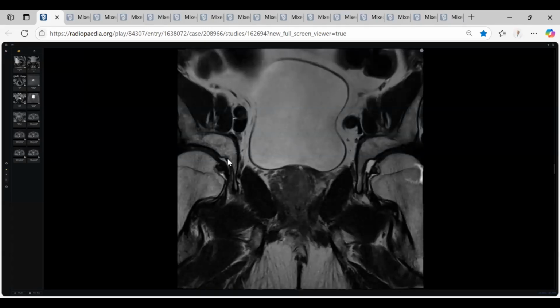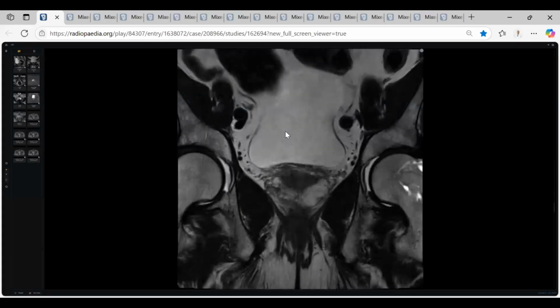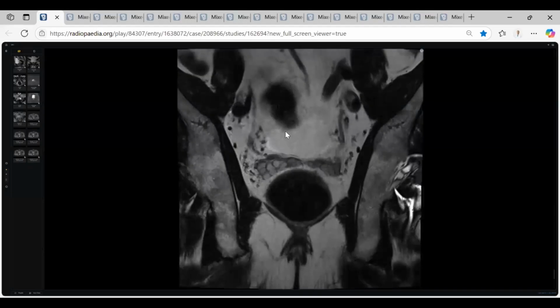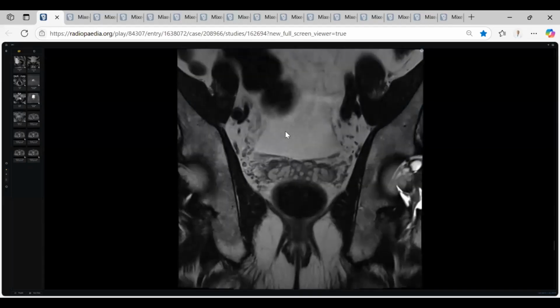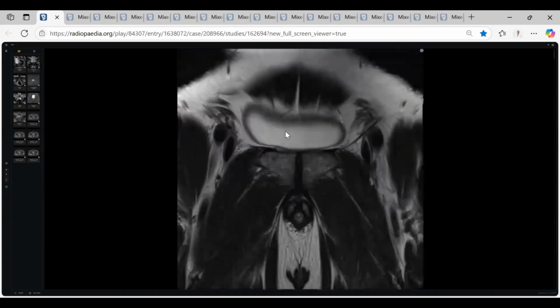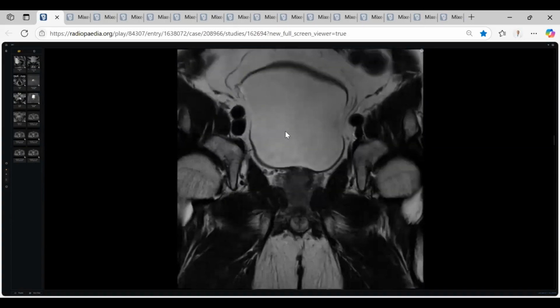Good afternoon. This patient has pelvic pain. He is a 65-year-old male patient with hip pain, pelvic pain, and dysuria.